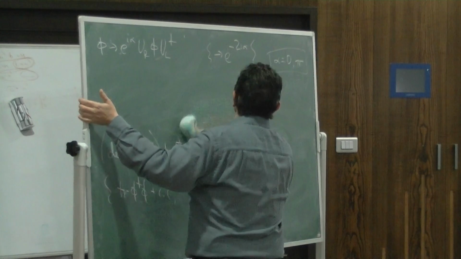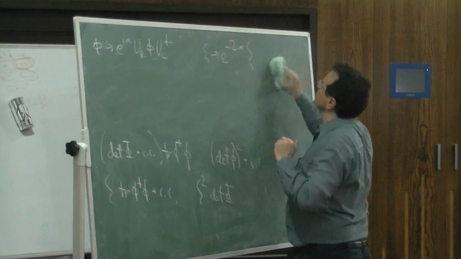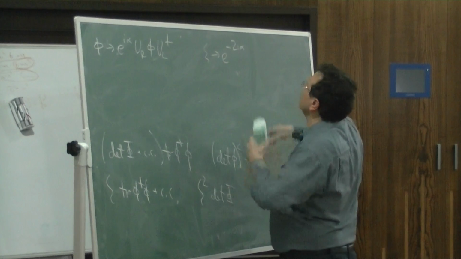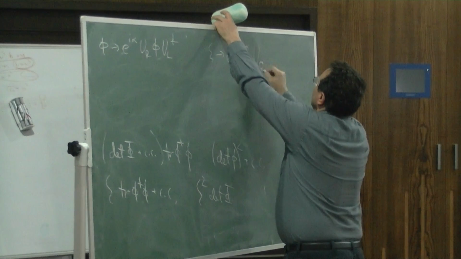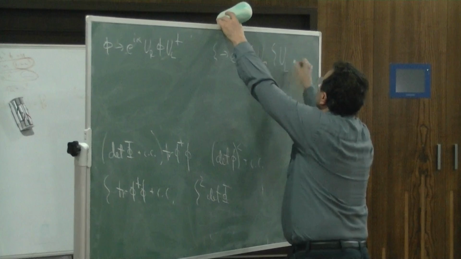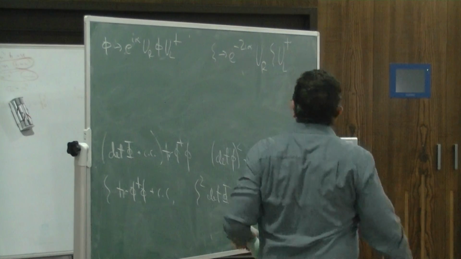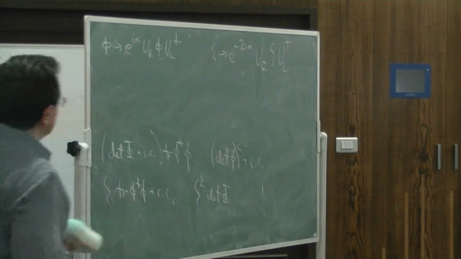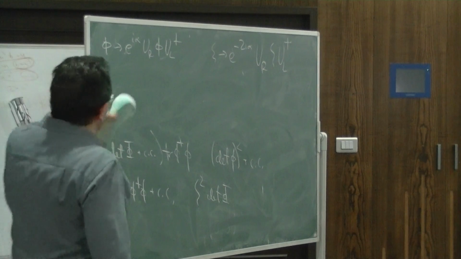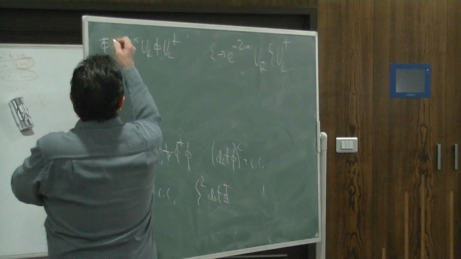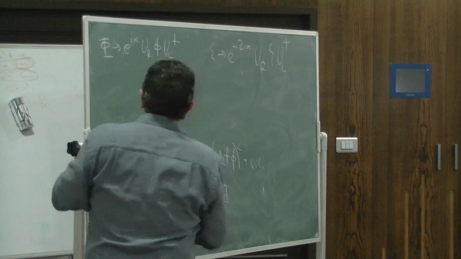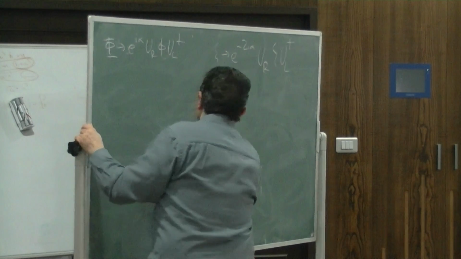So it's the same sort of thing. The axial U1 charge is the same, and as I show, I get now zeta transforms under SU3 left plus SU3 right in the same way as the usual chiral field, but it has a different axial charge.